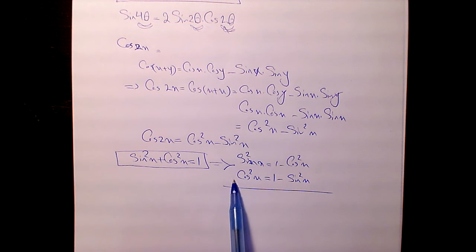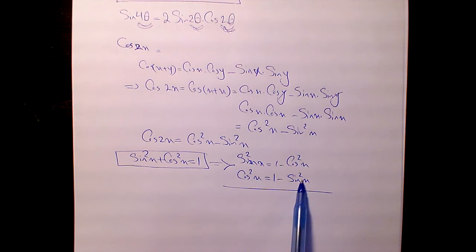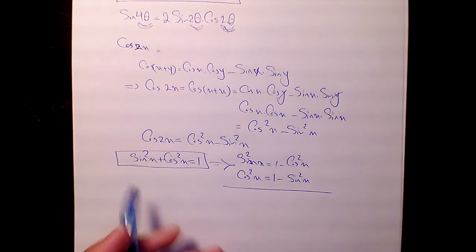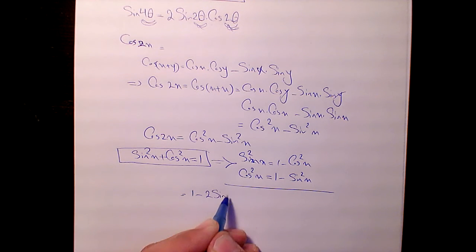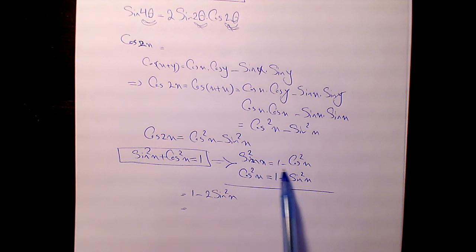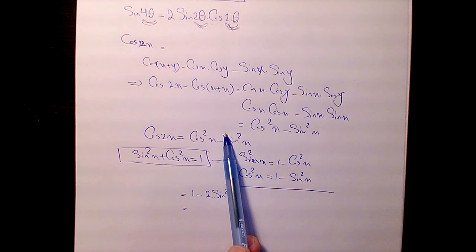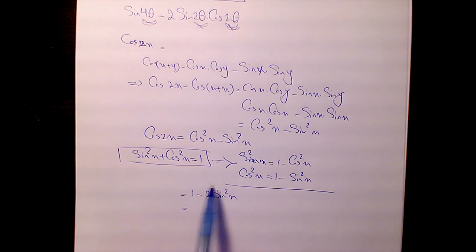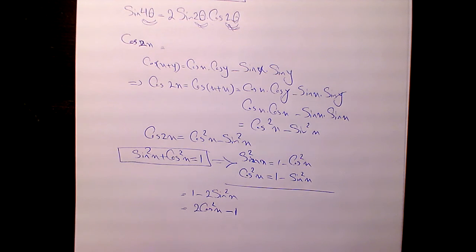So when I sub, for example, cosine squared x, this expression in here, it will be 1 minus 2 sine squared x. Or if I sub this expression instead of sine squared x here, it will be 2 cosine squared x minus 1.